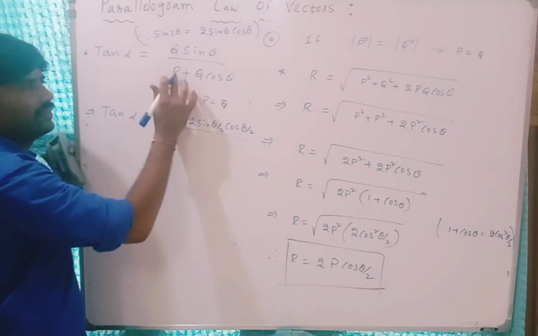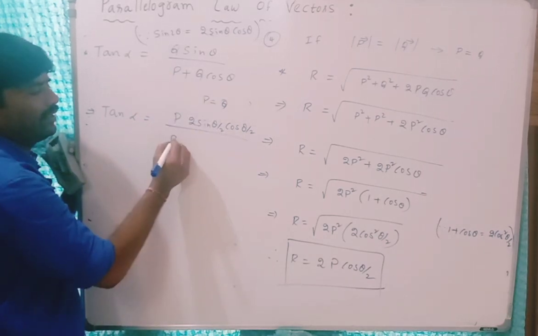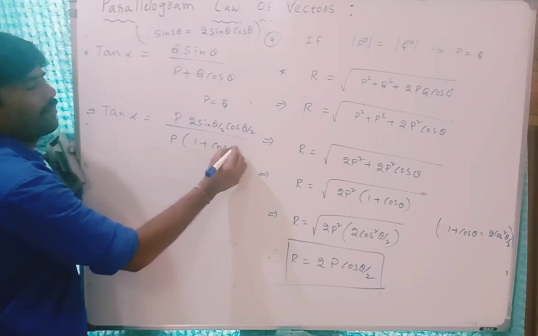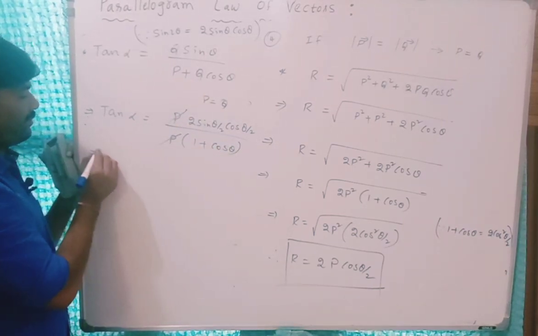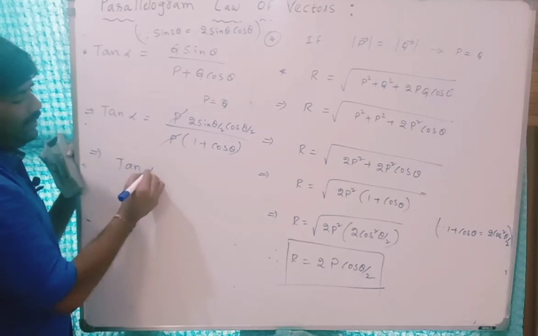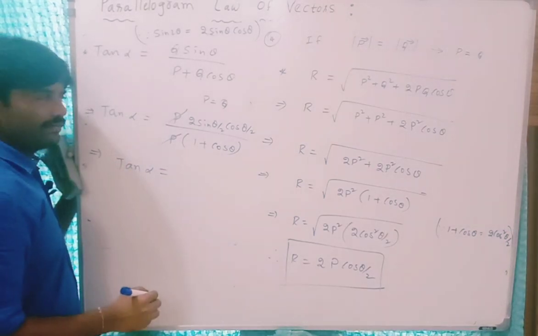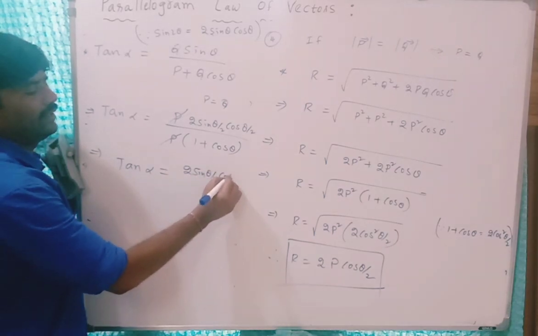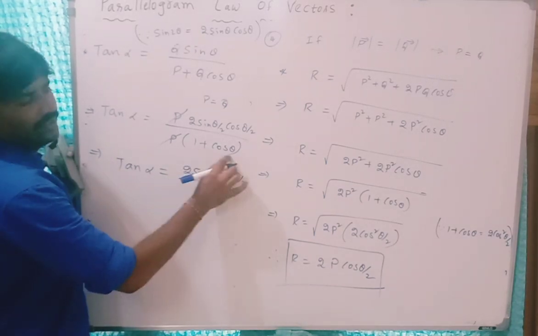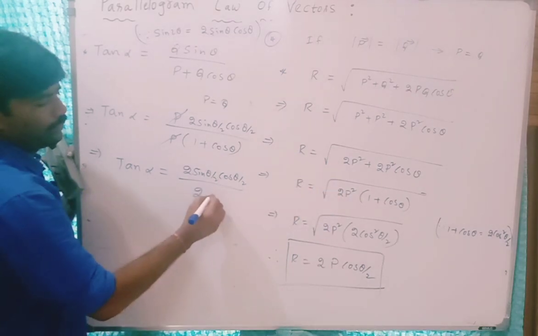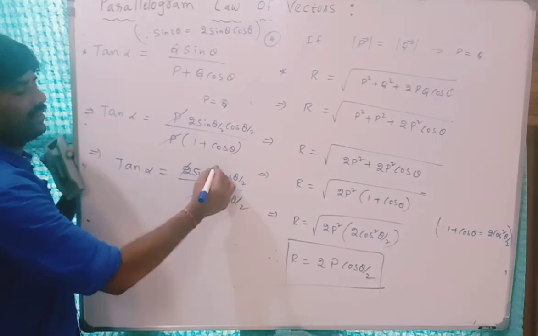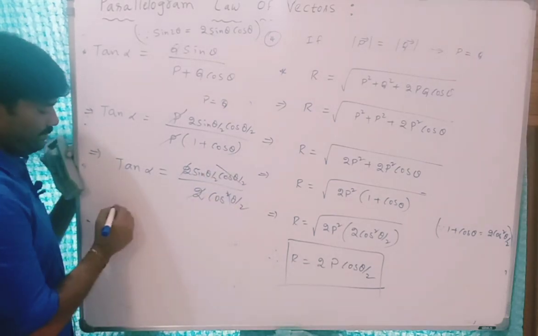Here this is P, this is also P, so you can take P common. You will have 1 plus cos theta. P cancelled. Then tan alpha equal to 2 sin theta by 2 cos theta by 2 over, as we already wrote, 1 plus cos theta is 2 cos square theta by 2. 2 cancelled, cos theta by 2 cancels with one power of the square.